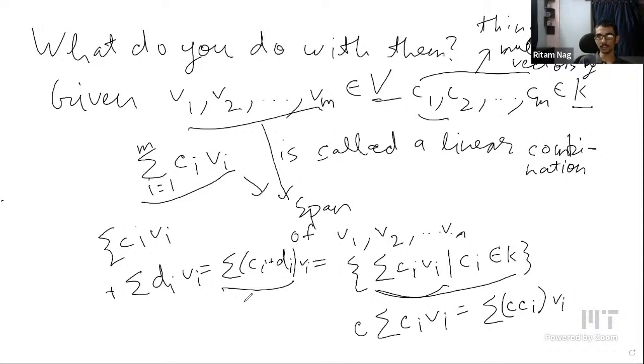So it's another vector in the set. So it turns out that these vectors generate a subspace.